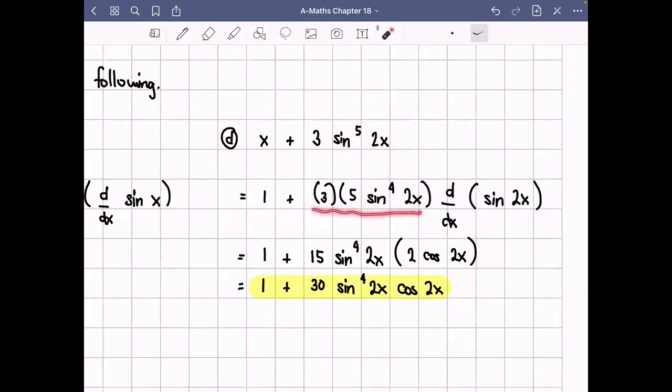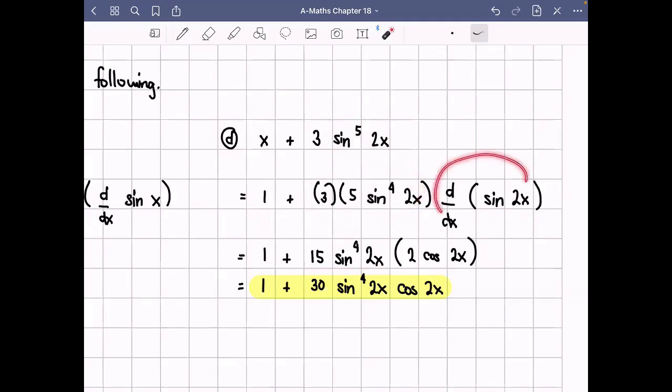Okay, and then we still need to derive this expression here without the index. So just sine of 2x, just this. Okay, so bring down 1 and then simplify this, you get 15 sine raised to 4 of 2x.